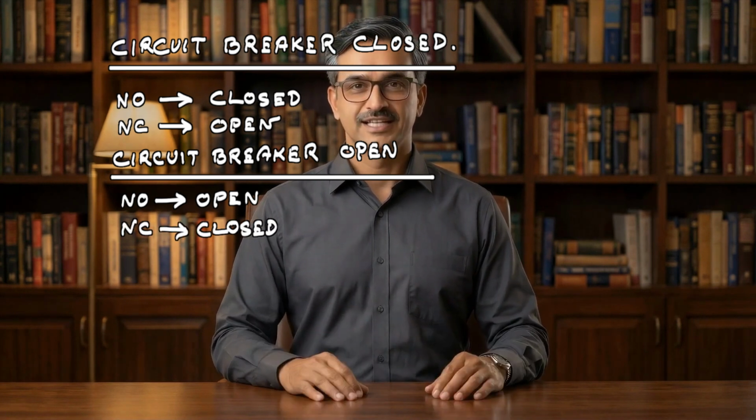Now let us see the circuit of pole discrepancy. The circuit is very simple. From the auxiliary switch of each pole, one NO contact and one NC contact are taken. These NO and NC contacts of each pole are connected in series. Generally, we denote NO contacts of the auxiliary switch as 52A and NC contacts as 52B.